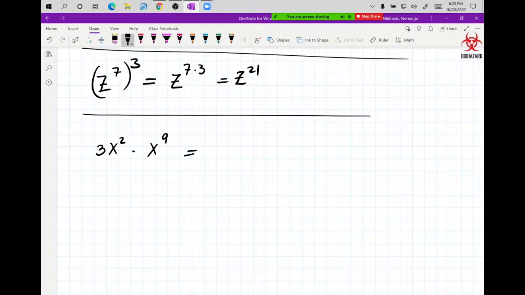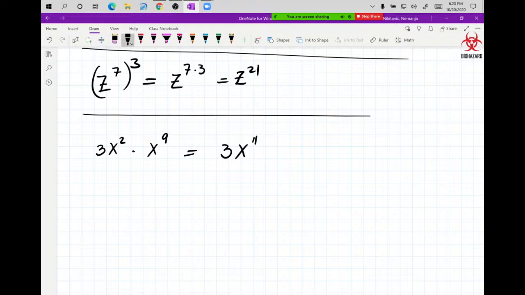Three x to the 11th power. Nice! This is me being an evil person, for lack of a better word.